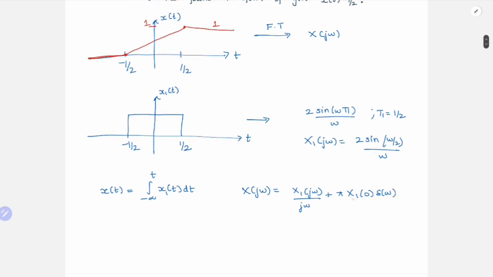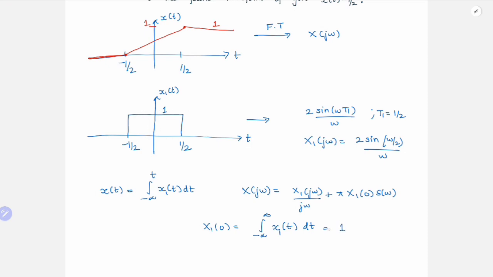So this part we can easily find. What is x1 of 0? So x1 of 0 is nothing but integral minus infinity to infinity x1 of t dt. So it is the dc part of this x1 of t, or average of this x1 of t. So this is nothing but, this is 1. So the area under this is 1 into 1, right?